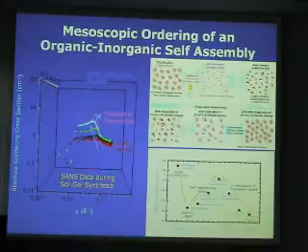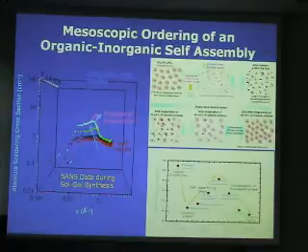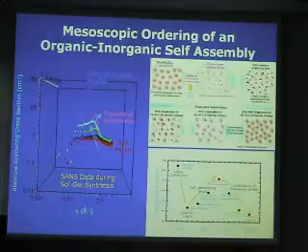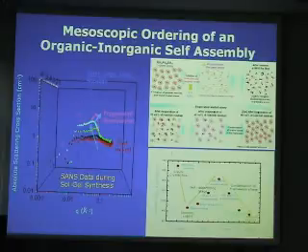Then after the completion of the organic and inorganic micellar structure, the polycondensation or the framework phase takes place, and then we finally have the organic and inorganic self-assembly.